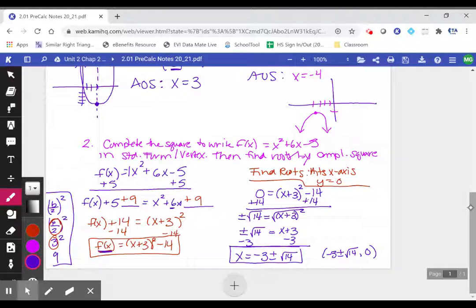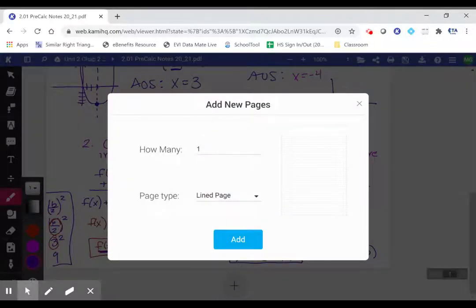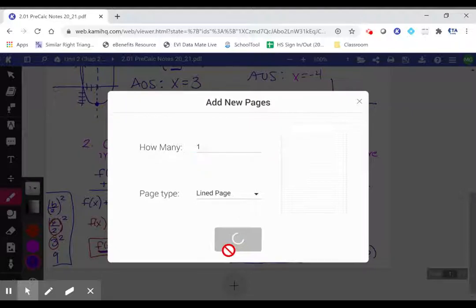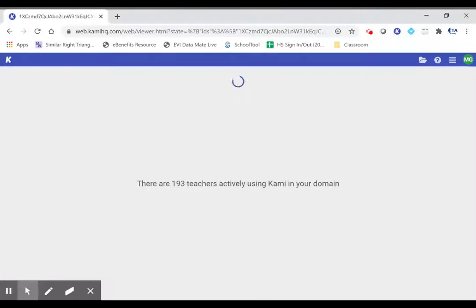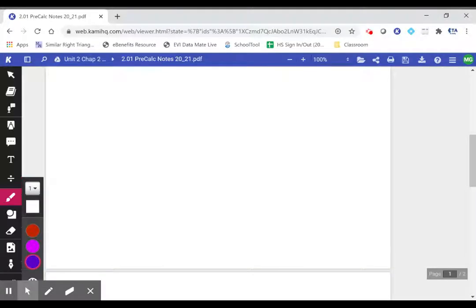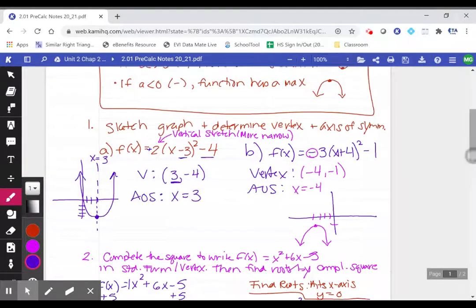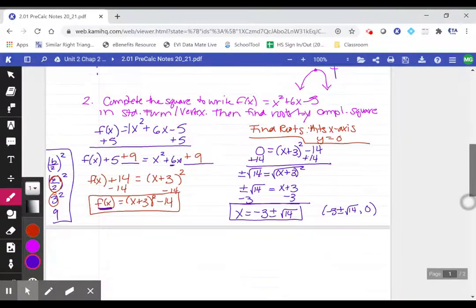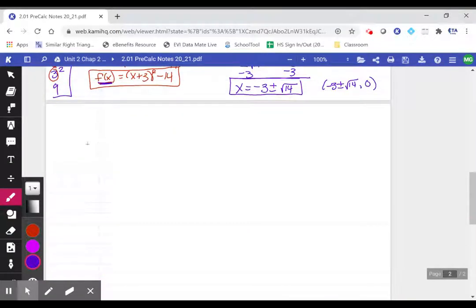Okay, let's try another one. So the next one we're going to do is one that doesn't have a 1 as our lead coefficient. So I'm going to ask you again to put it into vertex form. And then, if I can get to that page, here we go.